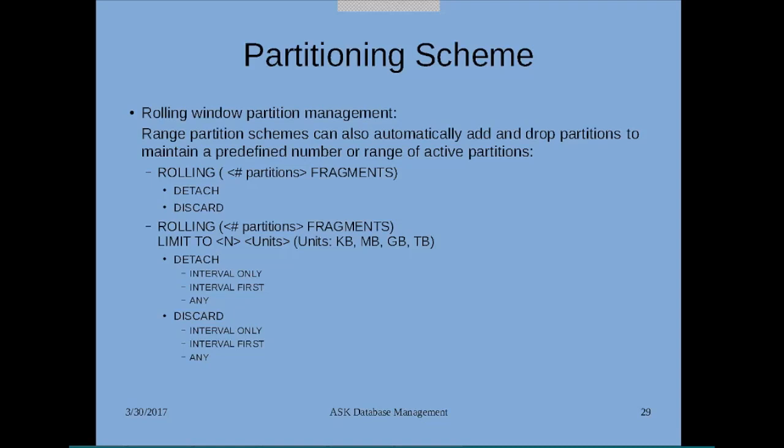When those rules are exceeded, then the oldest interval partition, or perhaps some of those initial partitions, can either be detached to separate tables or discarded entirely and dropped, and that's automatic. So not only is the table growing at the end, but it's shrinking on the tail, and that's all automatic for you, and that's really sweet.